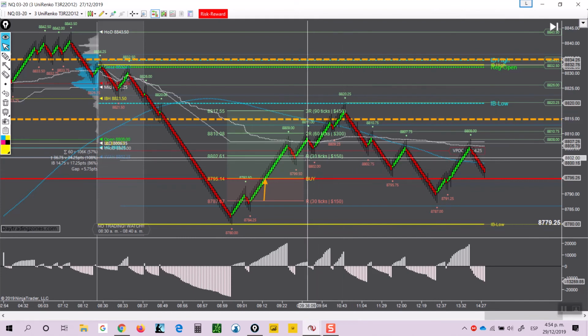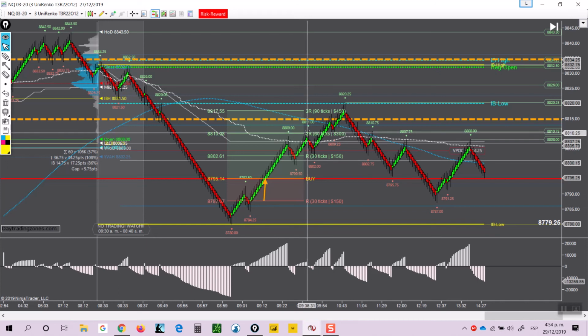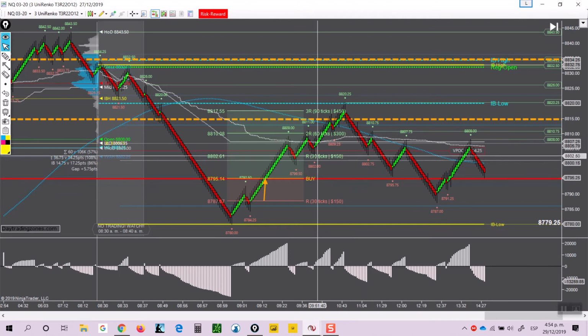But that's up to you. This candle here didn't close above that 2 times my risk. My ATM is set so that when a candle closes above that level, my stop loss is moved.